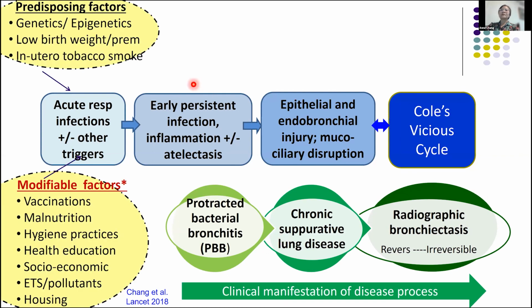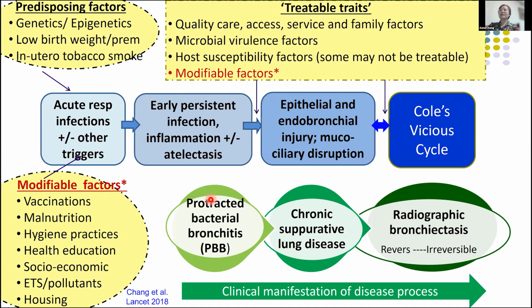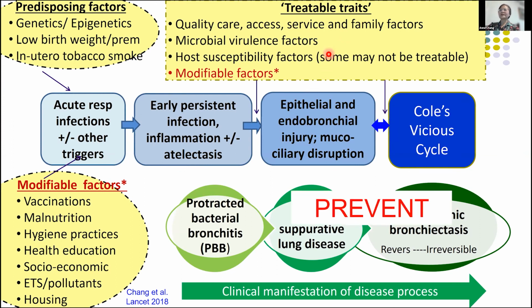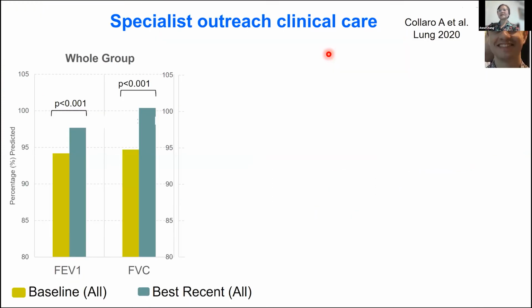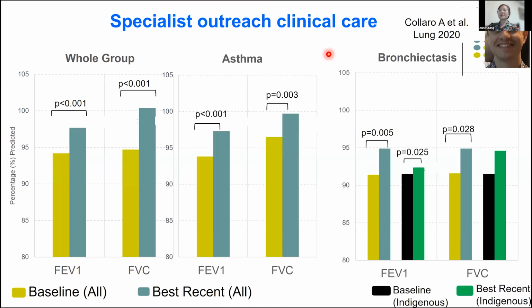But there are lots of things that we can do. There are modifiable factors, and in the clinical component, there are all these factors that we can look at. The key thing is trying to prevent this as clinicians, and we can make a difference in kids' lungs. This is a study by Andrew Calaro, who's doing his PhD with us, where we looked at Aboriginal kids that we saw in outreach.